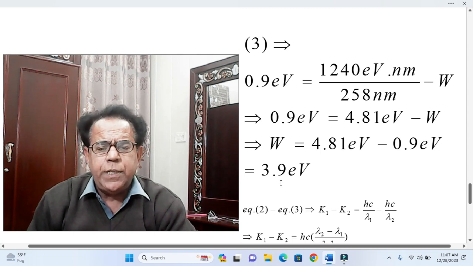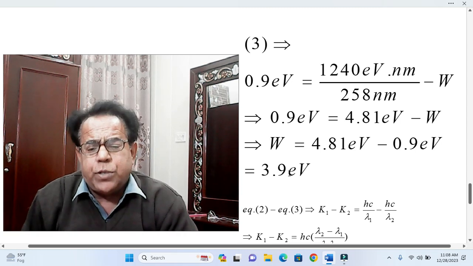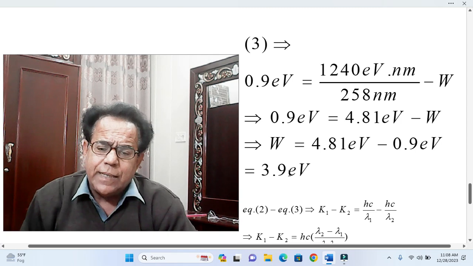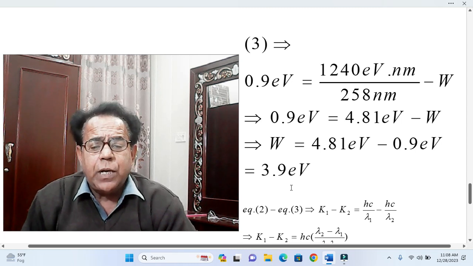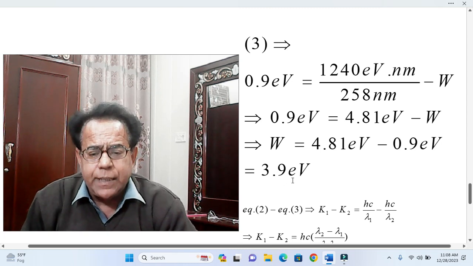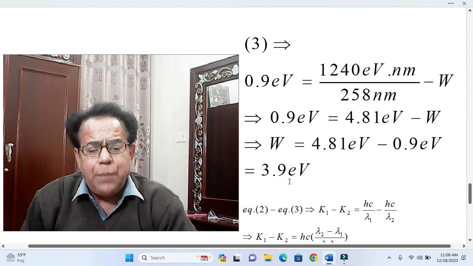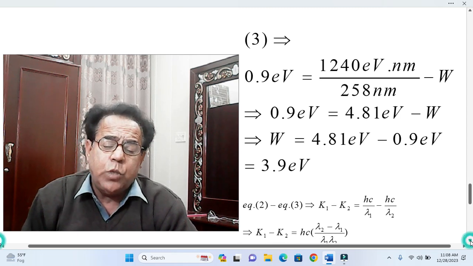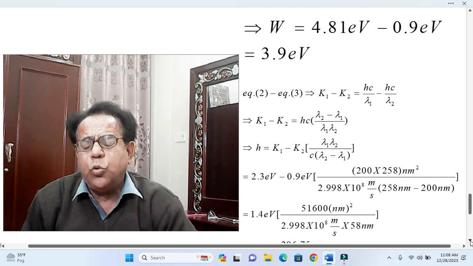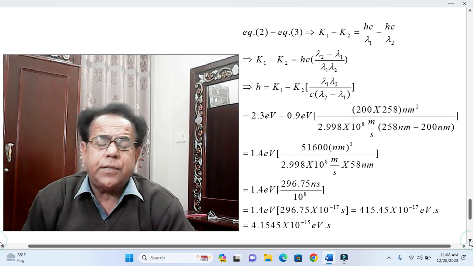So this is actually a counter check that our result has become the same according to both values. As per equation number 2, work function had become 3.9 electron volt, and as per equation number 3, it has once again become 3.9 electron volt, and it is very close to the value given in the table, that is 4.0. So we assume that our approach is correct.